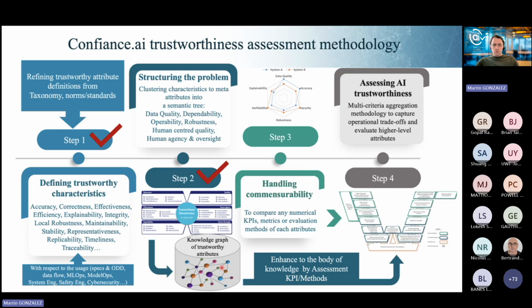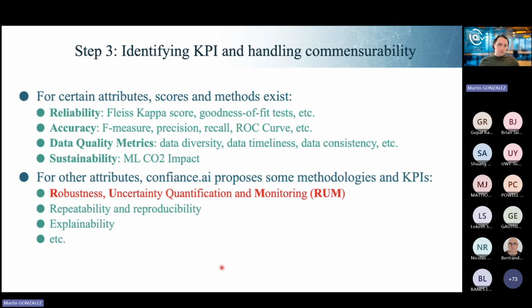So first, for step 3, certain methods exist for reliability, accuracy, and data quality metrics. For other attributes, we propose our own methodologies, such as the RUM methodology, to be able to assess and identify these KPIs.